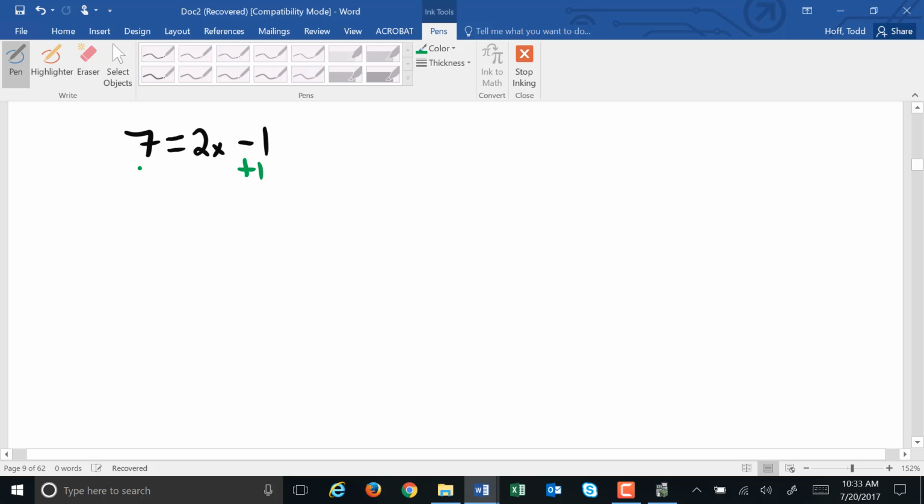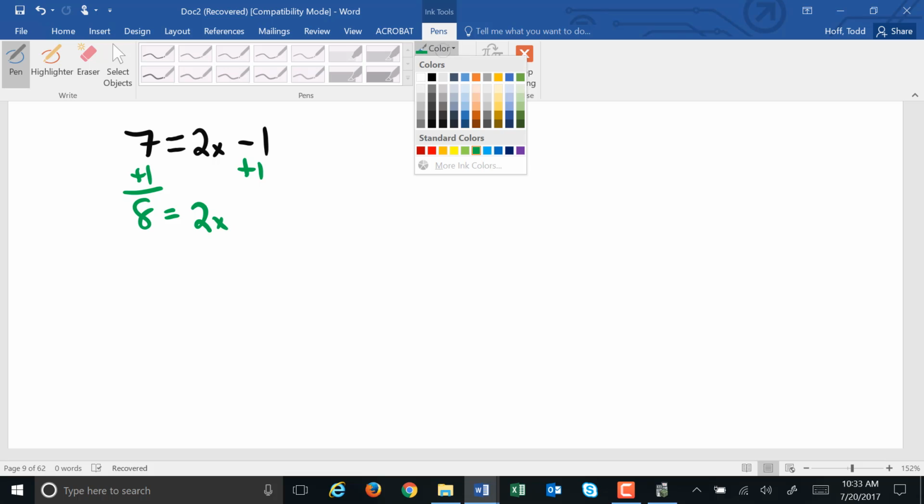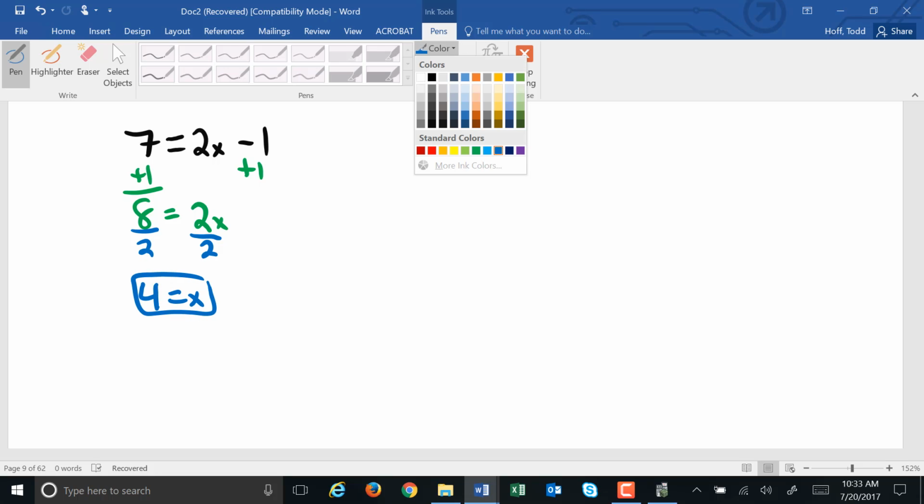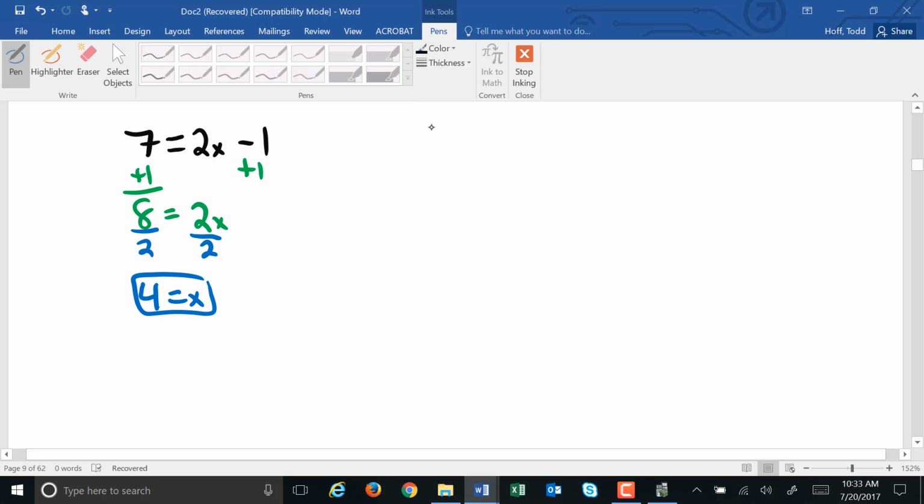You would add the 1. So 8 equals 2x. Then we would divide by 2. So 4 equals x. So x equals 4.